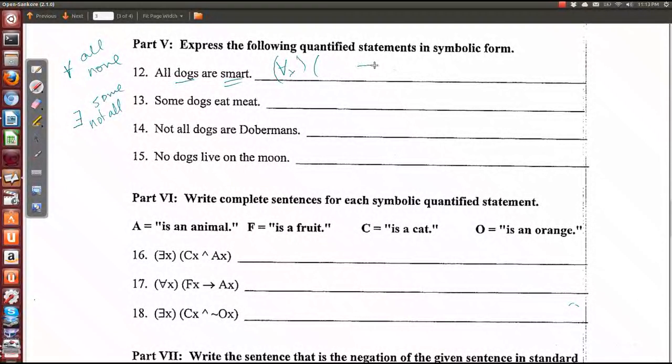So that's why we use the conditional whenever we have a universal. I put a predicate for is a dog, X is a dog, and I use the predicate for is smart, X is smart.